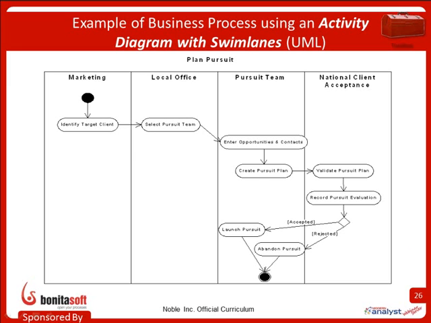There's a question here from WebHub about how do you indicate diagrams which have sub-processes. The way that I would do that here, and I don't think I have an example, is, let's say that validate pursuit plan over on the right had its own little diagram to explain how that happens.